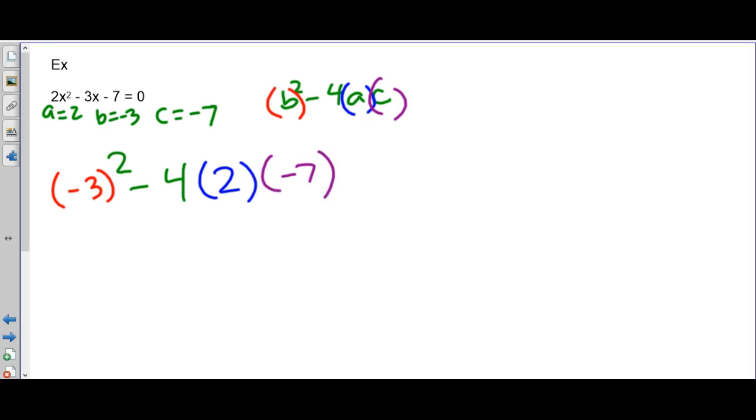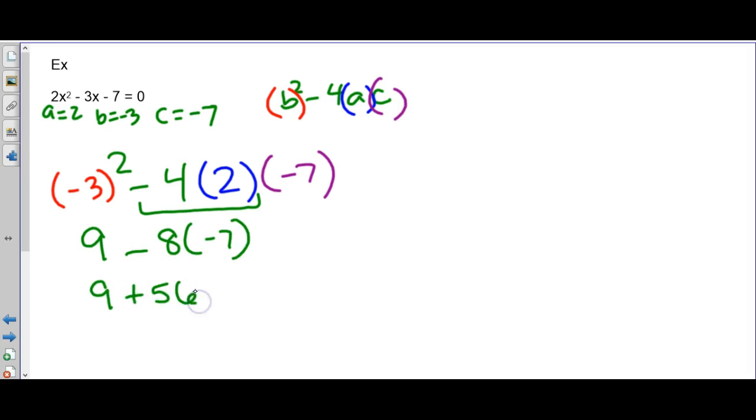We're going to simplify this. -3 squared, -3 times -3, is +9. -4 times 2 is -8. You have to do multiplication before any more subtraction, so -8 times -7 is +56. Then adding together, 9 plus 56 is 65.